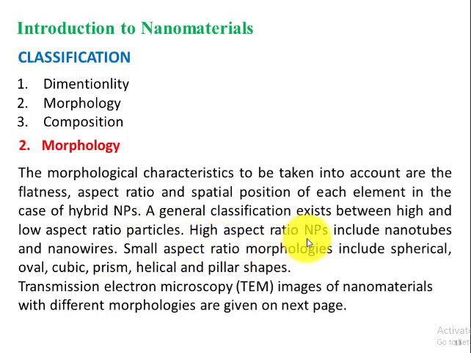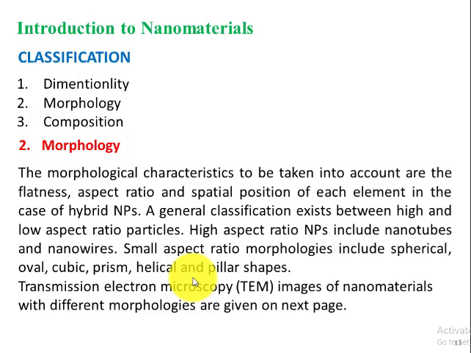High aspect ratio nanoparticles include nanotubes and nanowires. On the other hand, small aspect ratio nanoparticles include spherical shaped, oval shaped, cubic shaped, prismatic, helical, and pillar shaped nanoparticles.